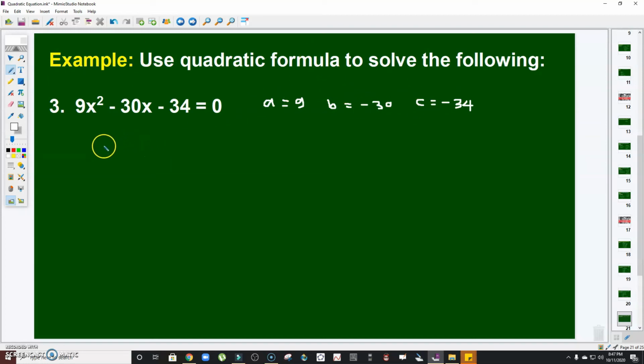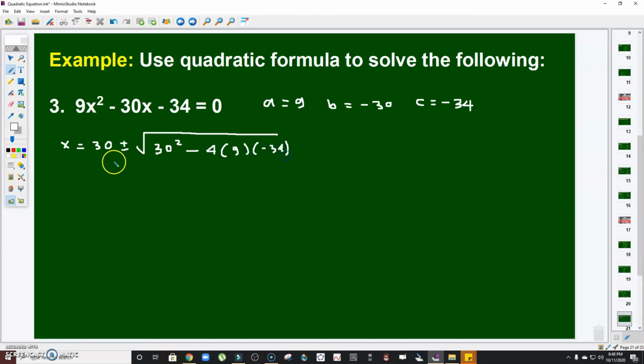But as much as possible, we're going to solve it without using a calculator. So let's do it. x equals negative b. My b is negative 30, so negative of negative 30 will become 30, plus minus square root of b squared. This is what I'm talking about. 30 squared is 30 times 30, minus 4ac.